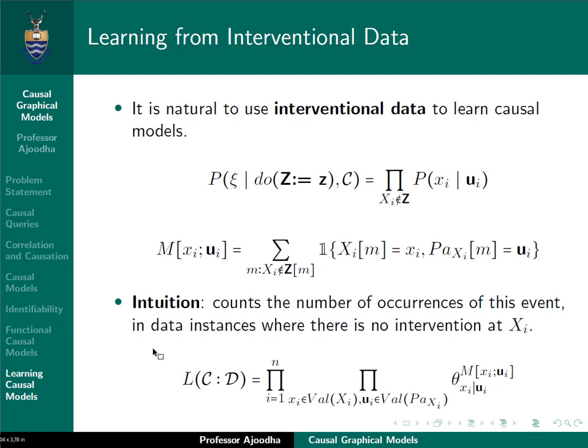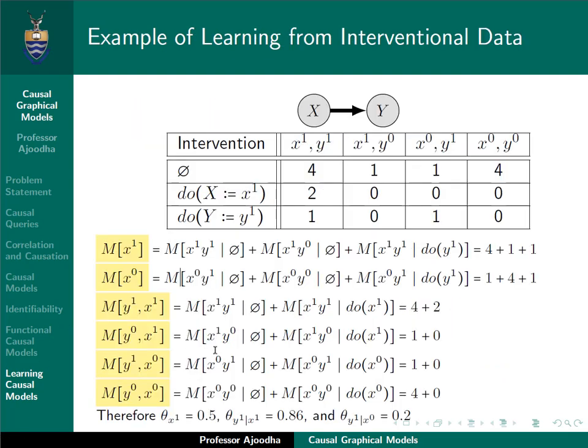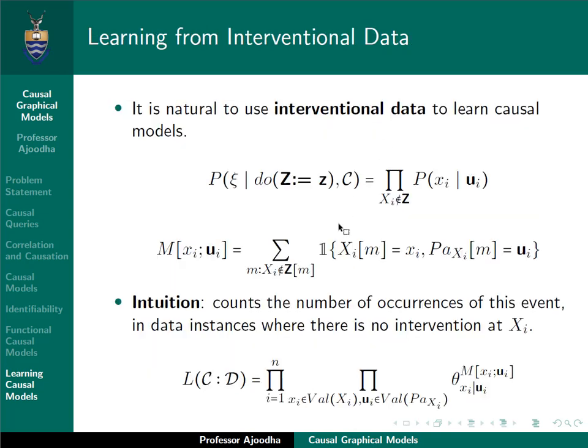Okay, so let me show you how to do that quickly. So let's look at an example of learning from interventional data. Here we've got some interventional data. It was given to us. And we have X goes to Y. So this is the causal model. Now before we wouldn't care about the arrow, now we do care about the arrow. Because specifically we count evidence depending on where the evidence comes from.